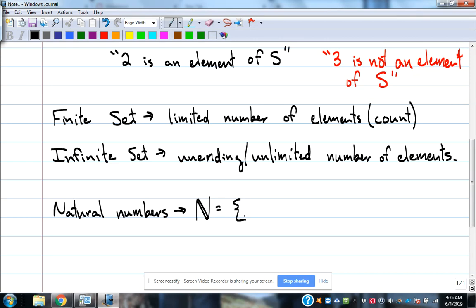So when you teach your kids to count, you start with, well, 1, 2, 3, like that. And so the natural numbers are those numbers. But they keep going, right? Forever. So the natural numbers would be an example of an infinite set because it never ends. Because you can always count one higher, right?